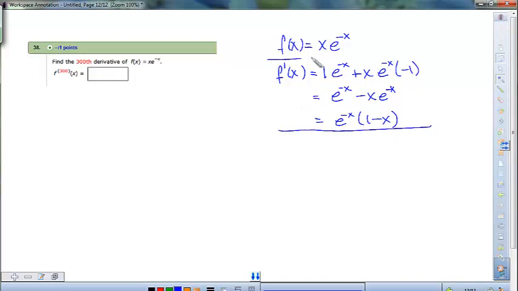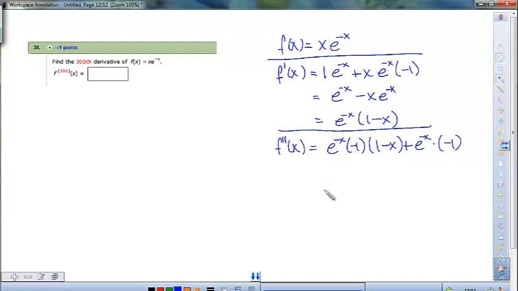Our second derivative. Let's do this. Derivative of the first, that's e to the negative x times negative 1 times the second, plus the first times the derivative of the second. The derivative of 1 minus x is just negative 1. Alright, there's a lot of negative signs and x's and 1's going on here. So let's see if we can power through this.